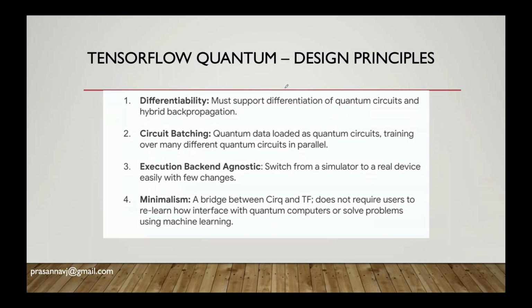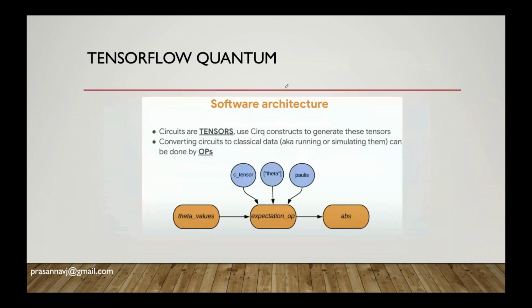So you can go through them at a later point in time. They don't want to have any much bigger change in terms of the existing classical machine learning flow. So what they've done is, here they are considering circuits that you are creating as tensors in the TensorFlow.